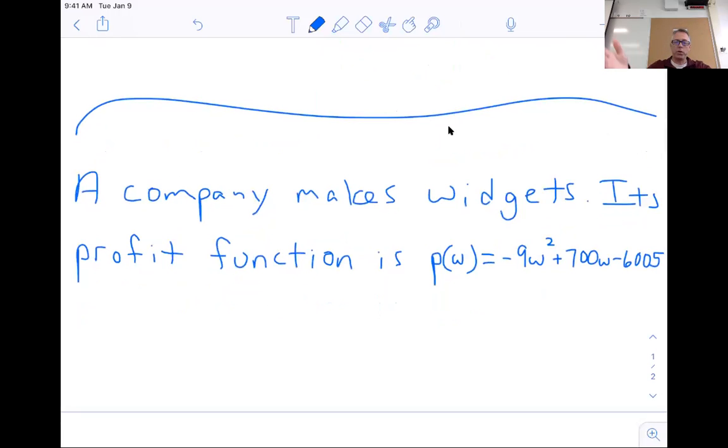If you produce 100 widgets, you make this much, or lose perhaps. Sometimes your cost is more than you're making, or if you produce 50 widgets, you would have this much profit. So let's take a look at that graph. So I'm going to have to change to my other screen.